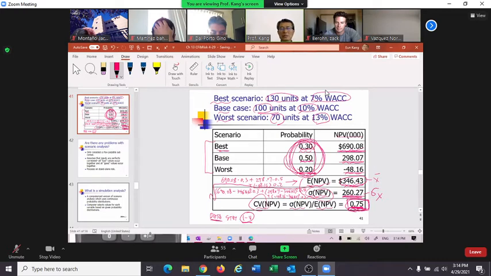That is the definition of standard deviation when you have a table and you have probability, right? So that's pretty cumbersome, right?